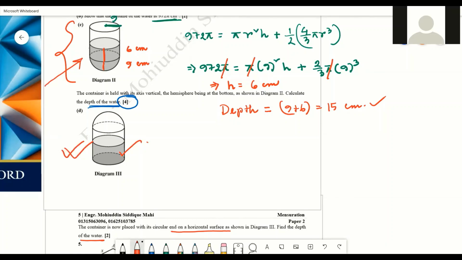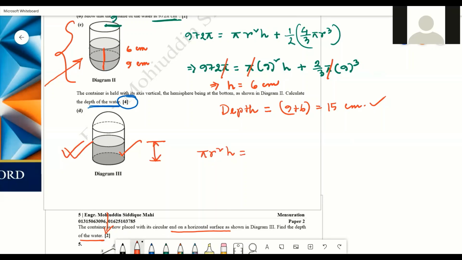Now, if you look at the diagram, we can say that the water is taking the shape of the cylinder. So our work has become comparatively easy, and that's why the question is not carrying 4 marks. The question has 2 marks because we don't have to do much work here. We will simply apply the formula of the volume of a cylinder, which is pi r squared h.